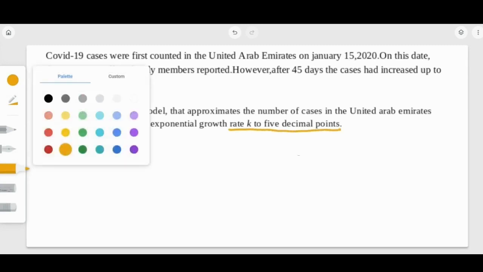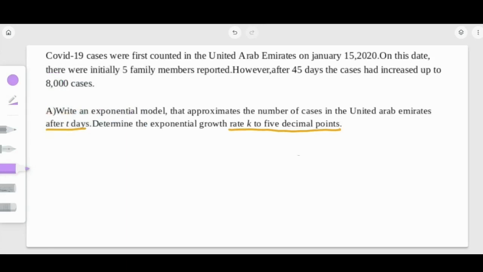Times e raised to kt. A of t is the amount of something you have after a certain period of time.